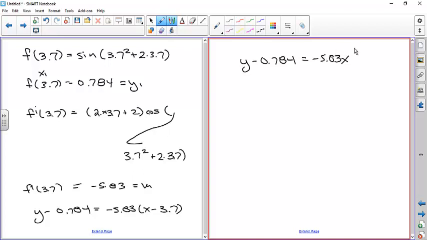And here we get plus 21.59, negative 5.83 times negative 3.7, and then we add 0.784 to both sides.